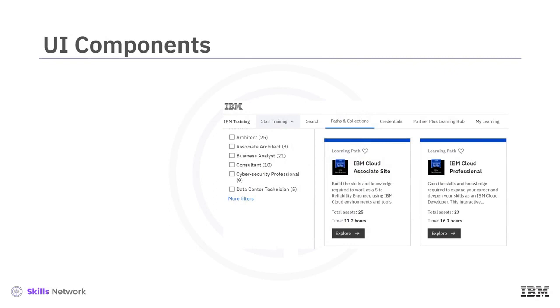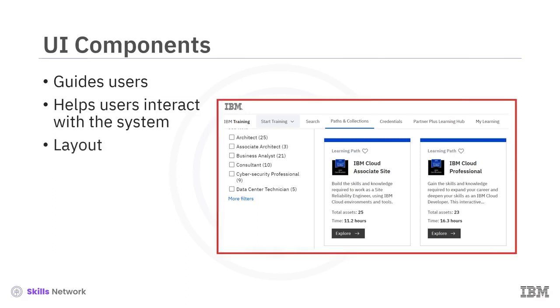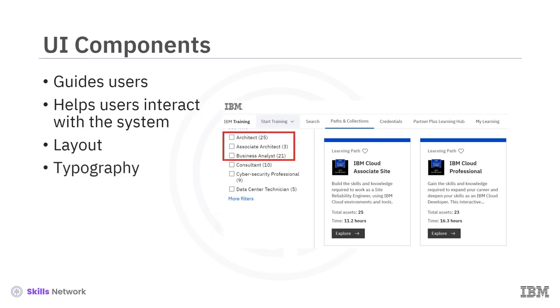Let's take an example of a website. When you browse a website, various UI components guide users and help them interact with the system. These components also add value to a website visually. Let's start with the arrangement and positioning of UI elements within the interface, which is the layout. Typography is the font, sizes, and text styles within the user interface.